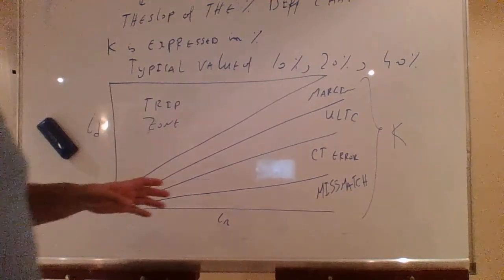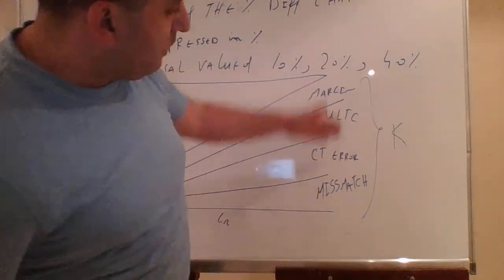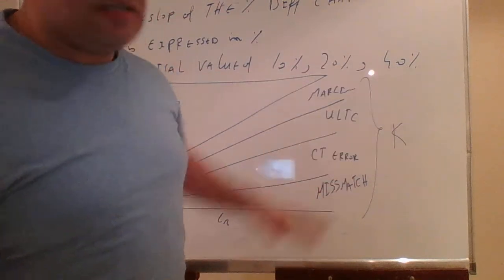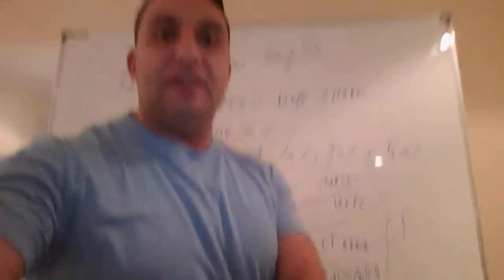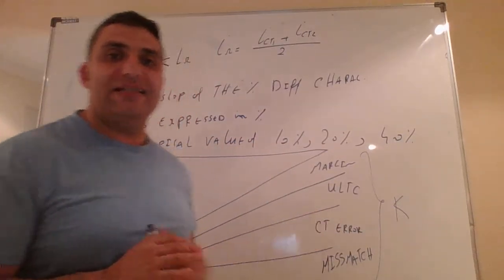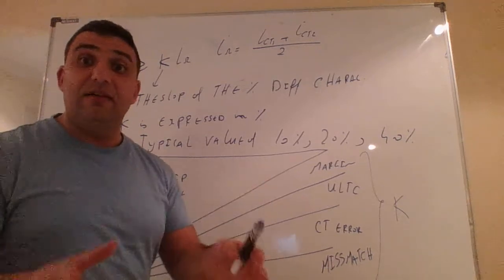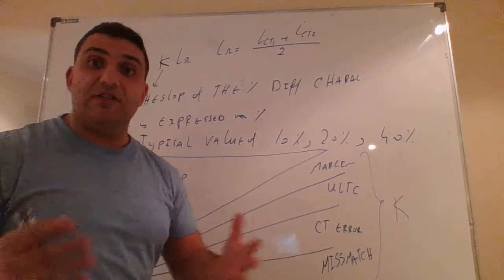The best way to see how we can calculate the mismatch error, the ULTC and the CT error, is by taking an example and seeing how we can relate all this in a real protection case study for a single phase transformer.